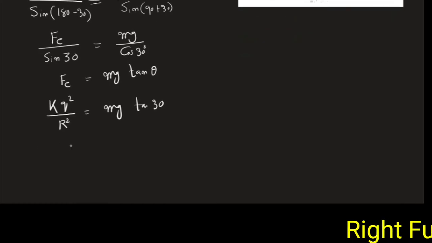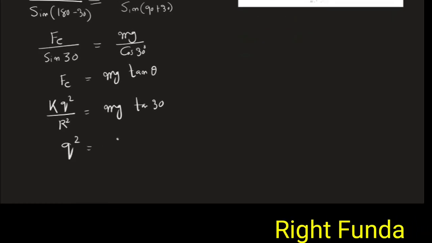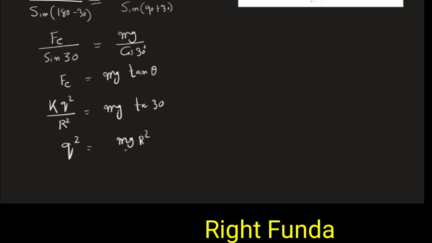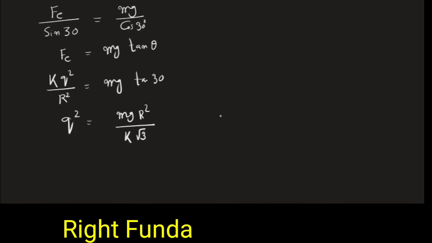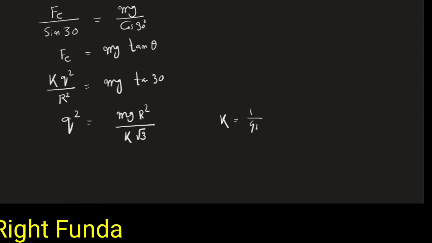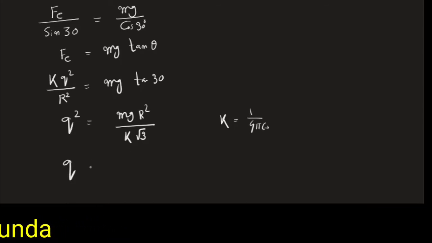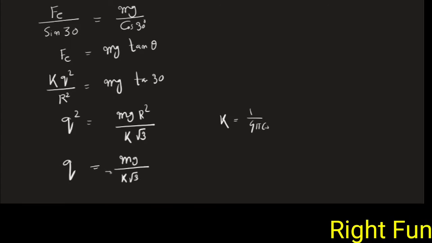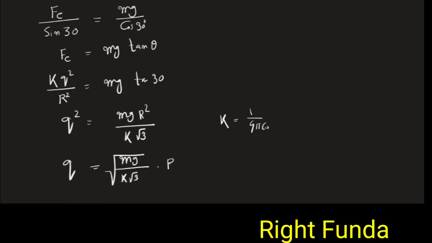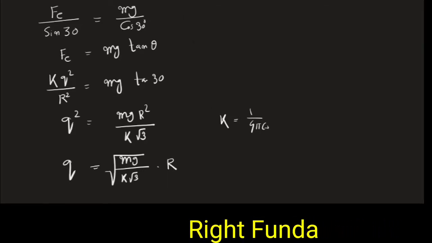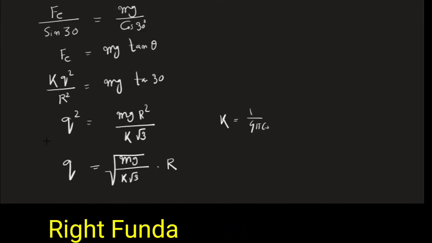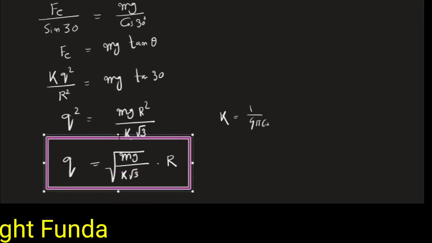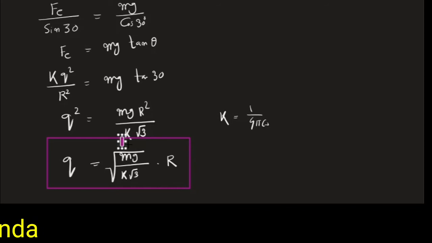So I get q square equal to mg r square by k into root 3. I can put the value of k if I wish, k is equal to 1 by 4 pi epsilon naught. Or I can write q equals the square root of mg by k root 3, into r. This is what I obtain: at the equilibrium position, if the separation is r, the same as the radius of the hemispherical ball, then the charge must be equal to this much.